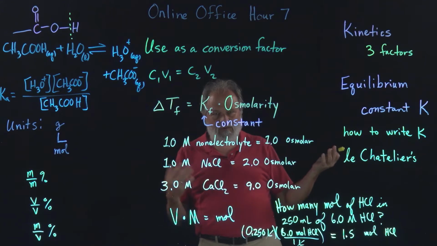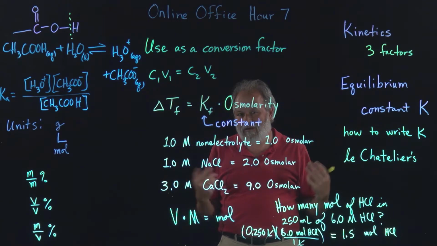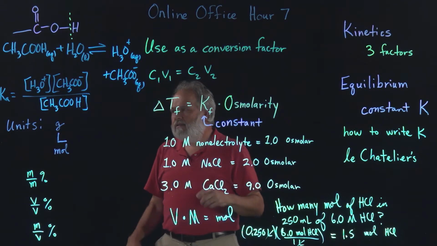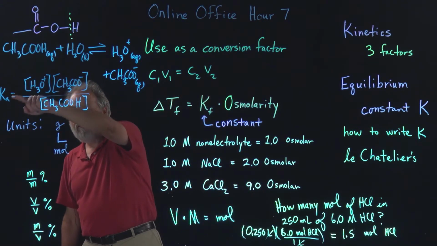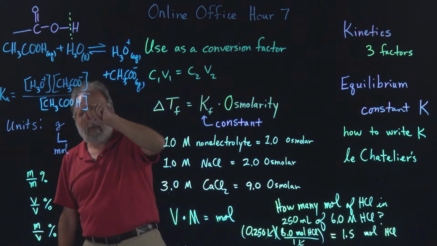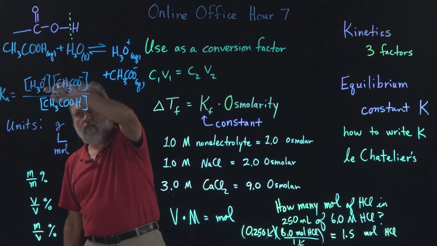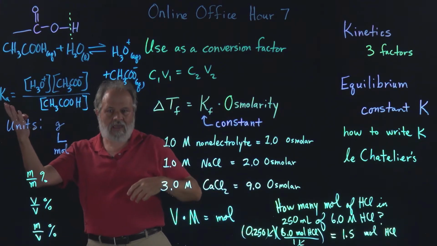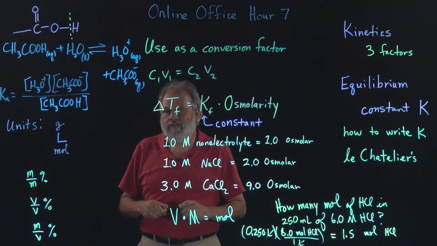If there's no equilibrium constant, or the equilibrium constant is very, very large, it's essentially a one-way reaction. The magnitude of this number depends on the magnitude of the numerator and the denominator. The bigger these numbers are, the more H3O plus you have, the stronger the acid. So the bigger the K, the stronger the acid.